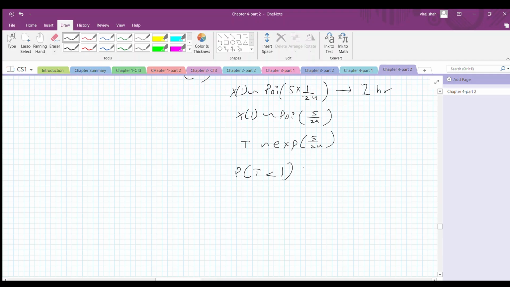Okay. So this is nothing but my CDF. So what was my formula of CDF? 1 minus e raised to minus lambda x. What is lambda? It is nothing but 5 by 24. What is x? X is 1. So if I feed this in my calculator, I get a probability of 18.806%.